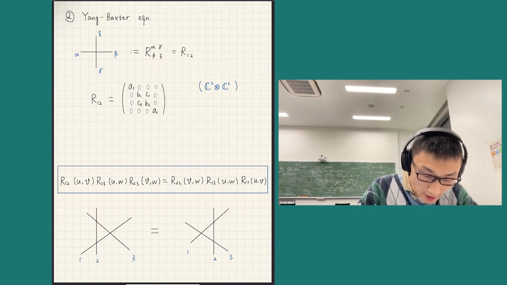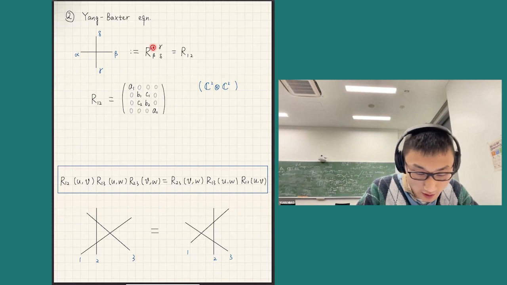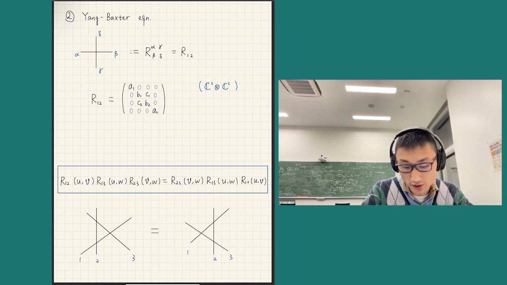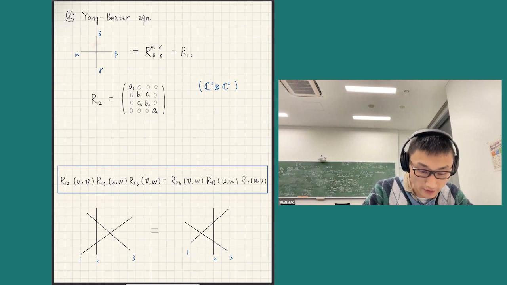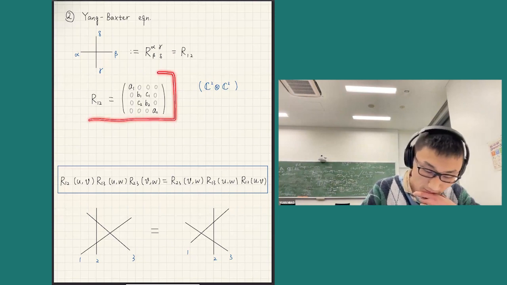If an arrow goes in to the right, alpha takes the value 0, and then beta takes the value 0 again if it's also to the right, and so on and so forth. Similarly for the other 2 indices. Then I can arrange this R into a matrix here.